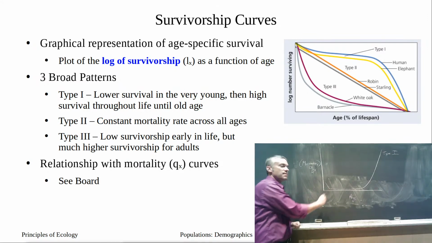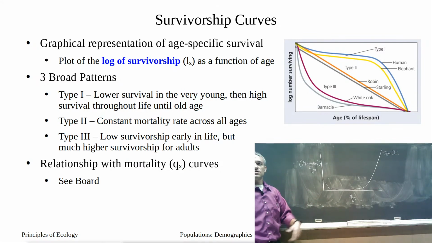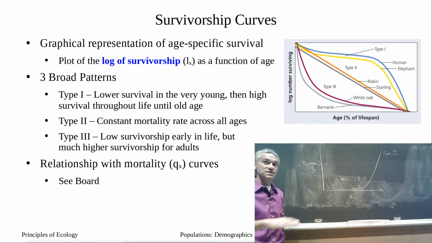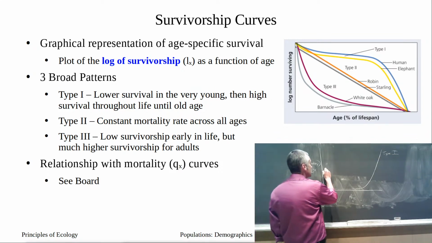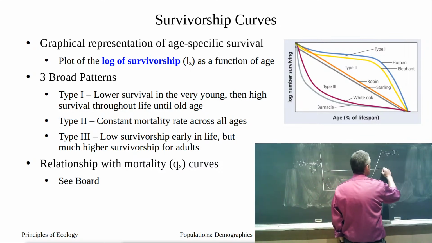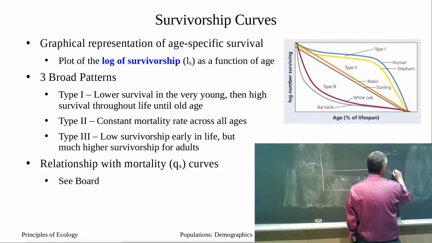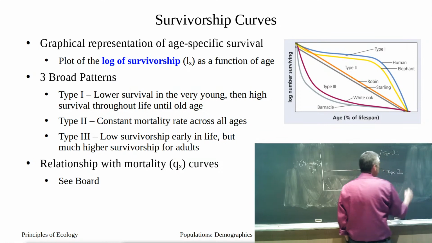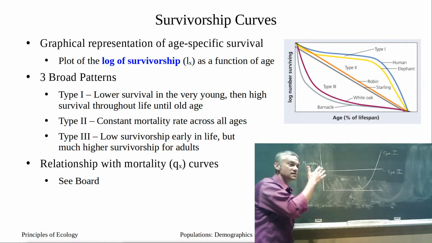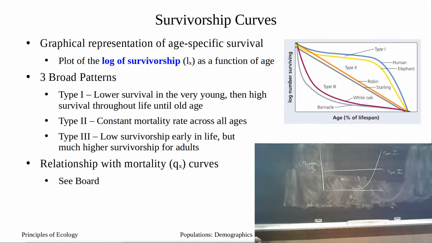This spot here is all due to just that heightened risk of the newborns. Type 2 survivorship is defined by constant mortality rates throughout life. It's a horizontal line for mortality rates. That generates this straight line survivorship curve.